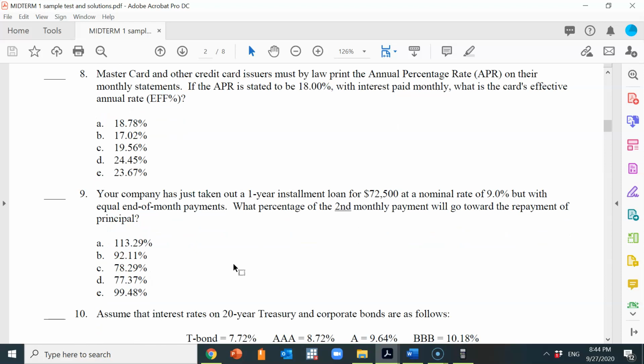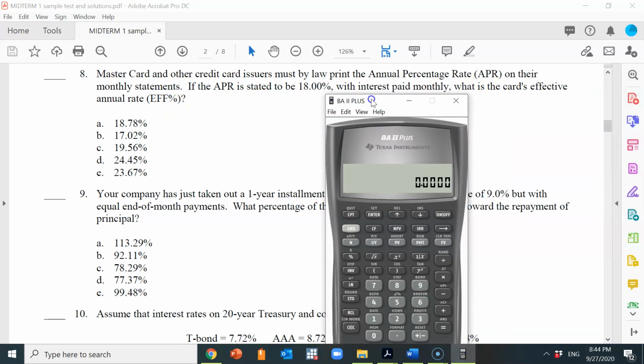Question 8. MasterCard and other credit card issuers must by law print APR on their monthly statements. If it's 18% with interest paid monthly, what is EFF? Okay, so for solving for effective annual rate from nominal annual rate, we can use the second interest conversion worksheet.